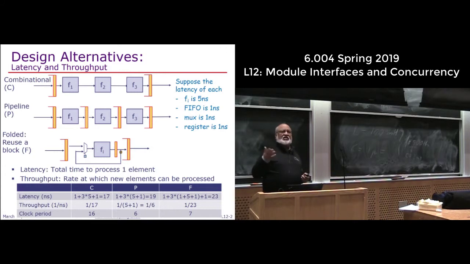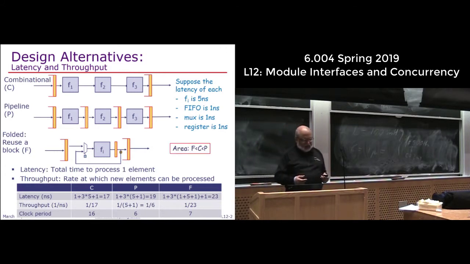And then we can ask, why do we want to worry about the folded circuit? It should be obvious that the area of the folded circuit should be the lowest, right? Because instead of using 3 separate combinational things, F1, F2, F3, I'm just reusing the same circuit over and over again.